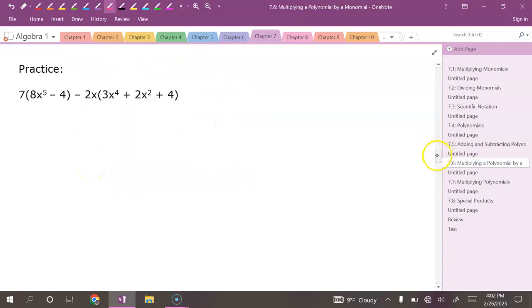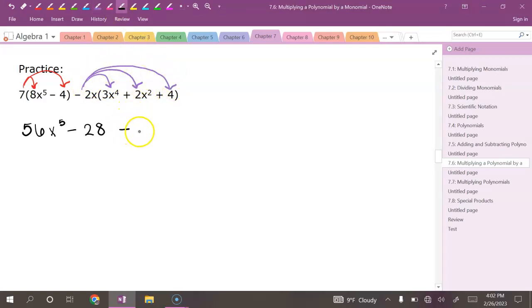For the second practice problem, again we start by distributing. On that first set, it should have said 56x to the fifth minus 28. And then for the second set of distributing, make sure you took a negative 2x times everything.